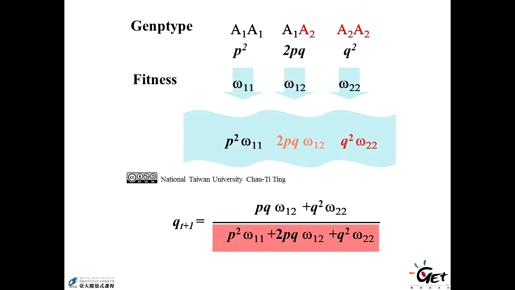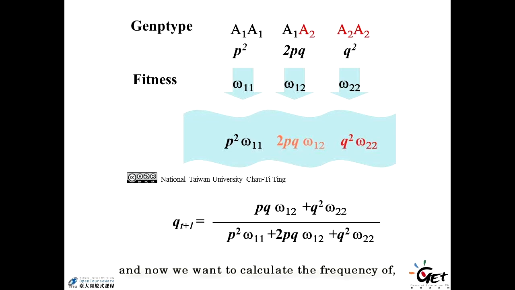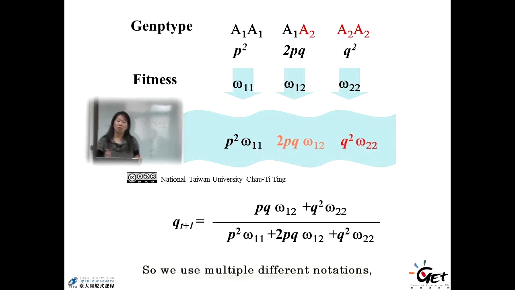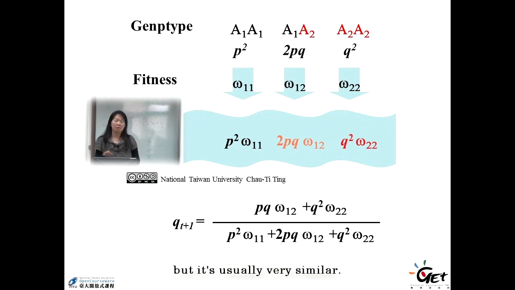Then you put the top one, and now we want to calculate the frequency of A2 in the population for the next generation, or after selection. So we write Q_t+1, which is another notation we use. We use multiple different notations, but they are usually very similar.